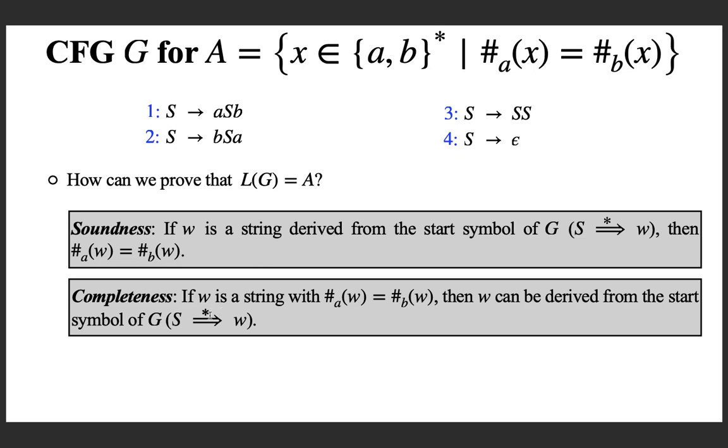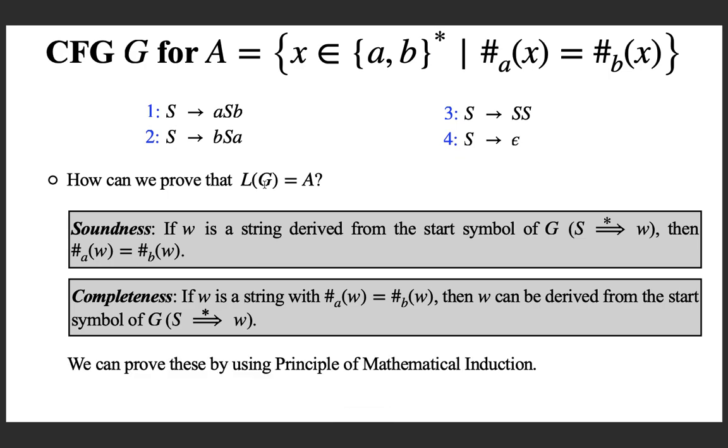So, soundness says if something is derived, then it is in the required language. Completeness means all strings in the required language can be generated. Both are required for proving the correctness of the language represented. And we can prove both of these by using the principle of mathematical induction.